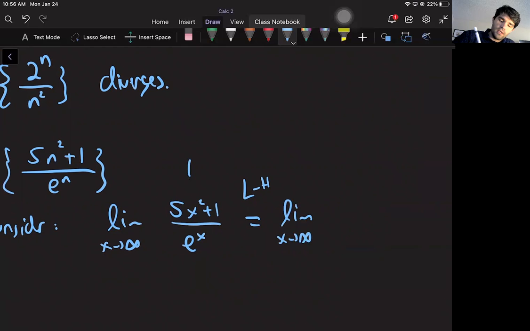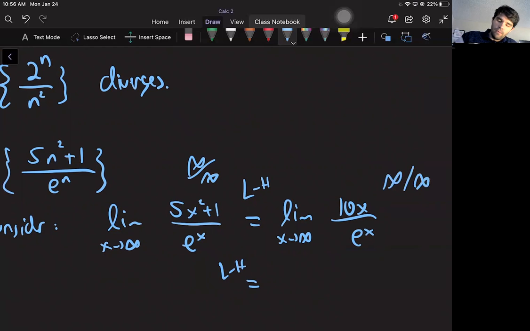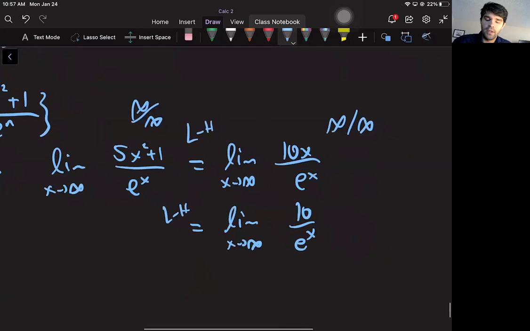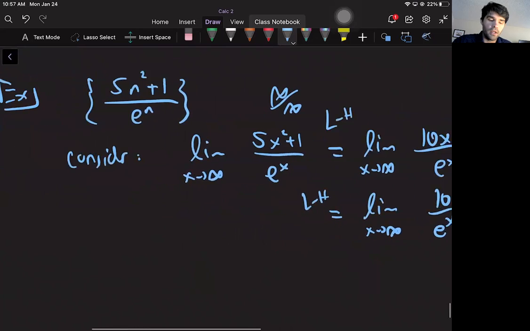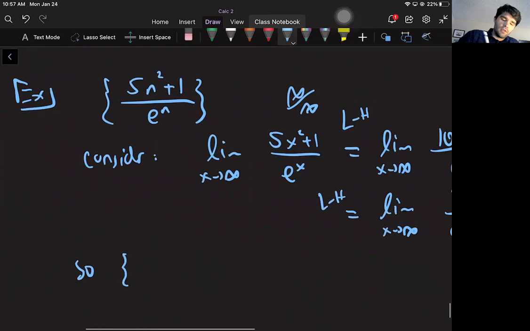So again, you can only do this because it is infinity over infinity. So you take the derivative, you get 10x on the top. Derivative of e to the x is e to the x. You do it one more time because it's still infinity over infinity. And you just get 10 over e to the x. Now the x is only on the bottom. So the bottom is growing very big while the top remains the same. So you're just going to head towards 0. And so you can say that this converges to 0.